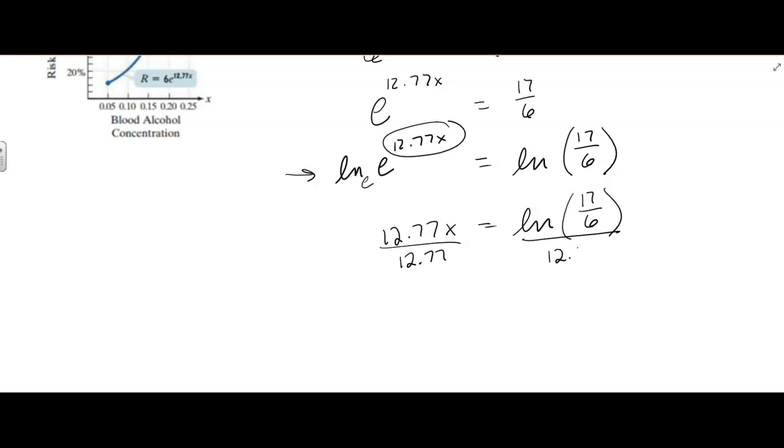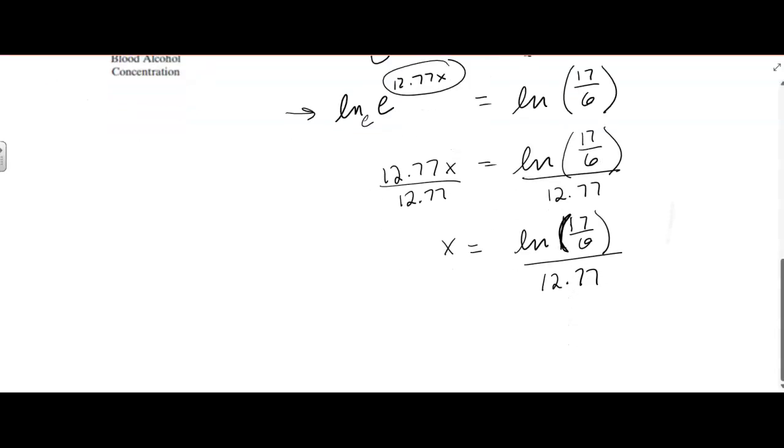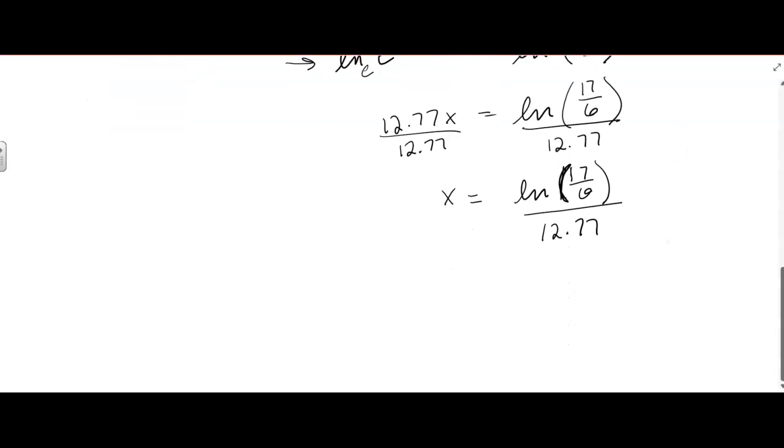Now, we don't know where the 12.77 comes from. That's some constant they figured out. So x equals the natural log of, oops, that's supposed to be a parenthesis, 17 over 6, parenthesis, divided by 12.77. So we are going to put that in our calculator, and we're going to go 2 decimal places.